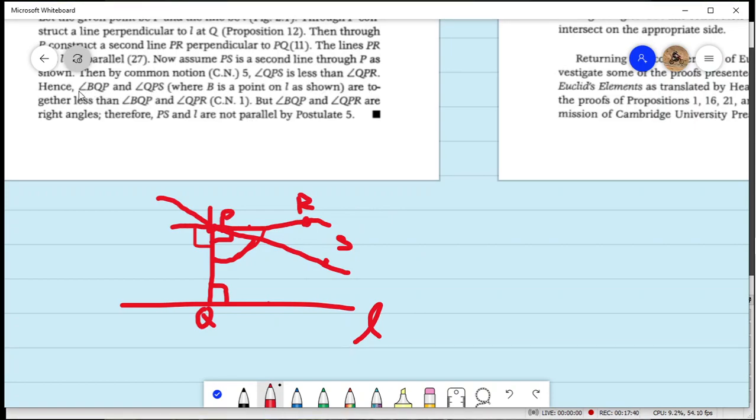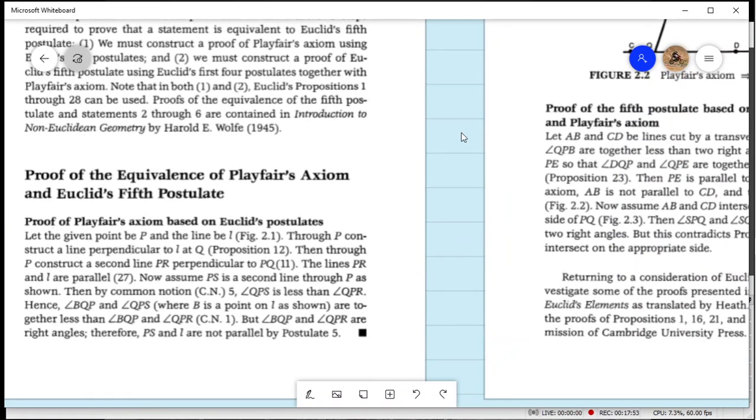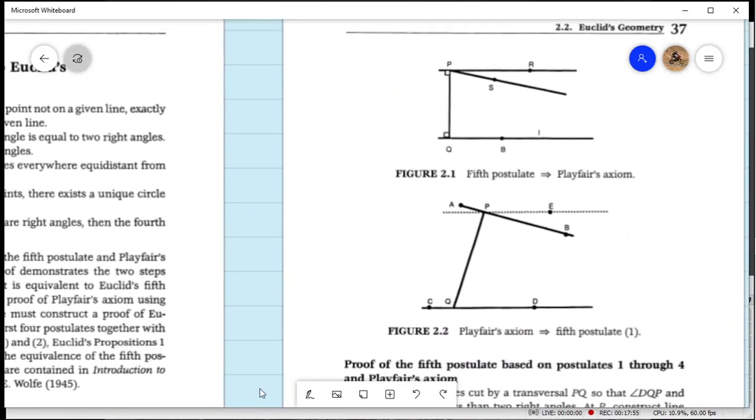Hence, angle BQP, where's B? Let us take a look.